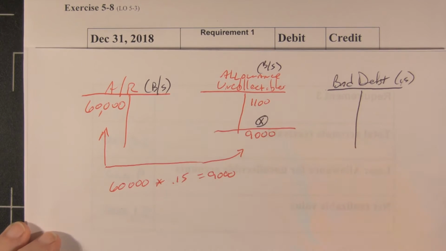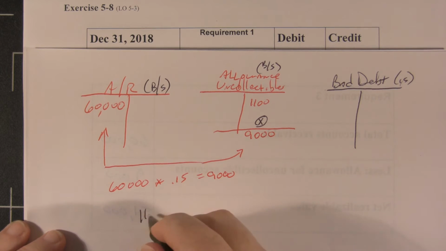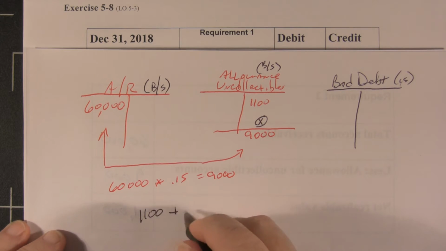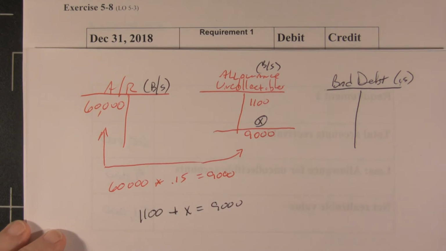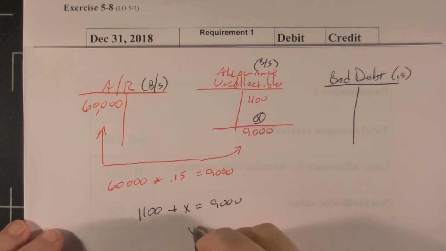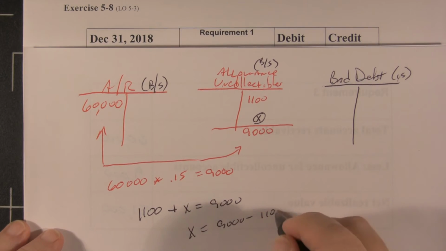What number do we have to add to 1,100 to come up to 9,000? 1,100 plus X equals 9,000. X equals 9,000 minus 1,100.